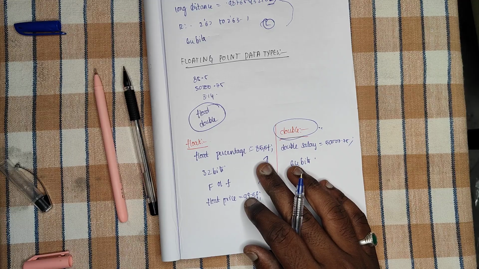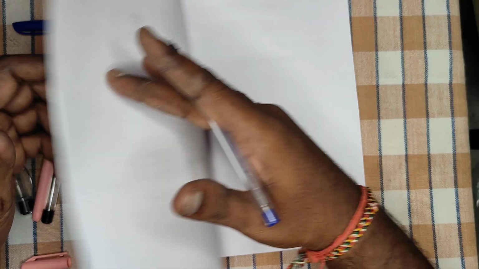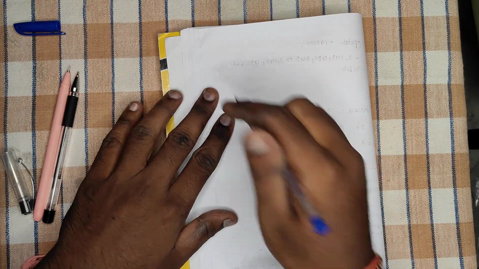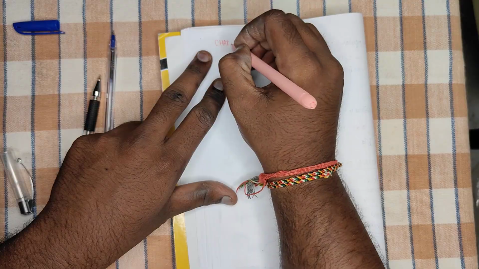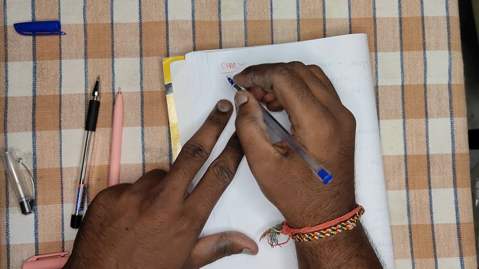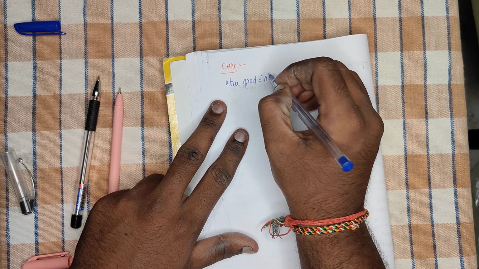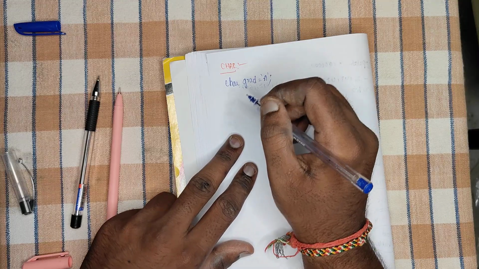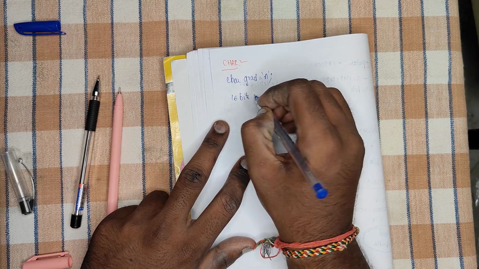Now I'm going to explain about char. Char grade is equal to 'A'. Char is used to store a single character. Memory is 16 bits.